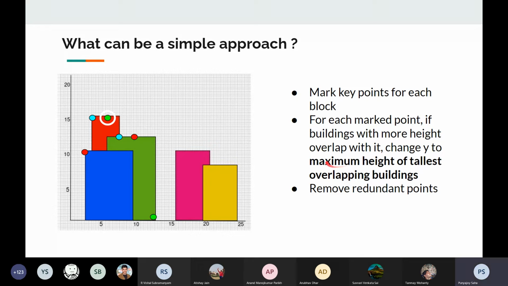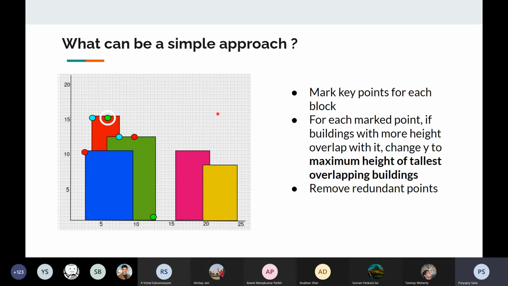Yeah, tallest overlapping, so this is not with the same building. Try to understand the logic behind this. If you move this point to here, then this is anyway redundant. So you do not need this point to describe this point. You need this other point to describe this point. So that's why it is not required to move the blue block to the top of the red building.